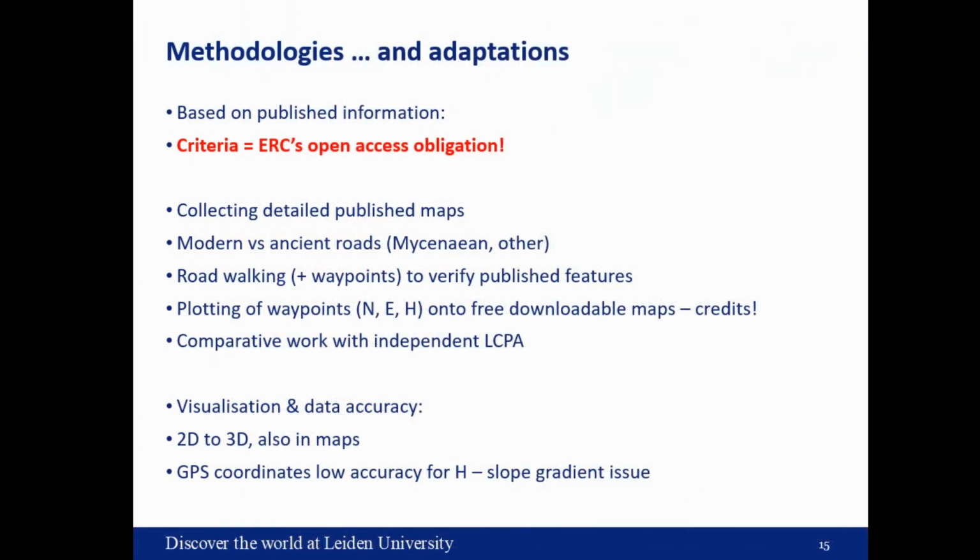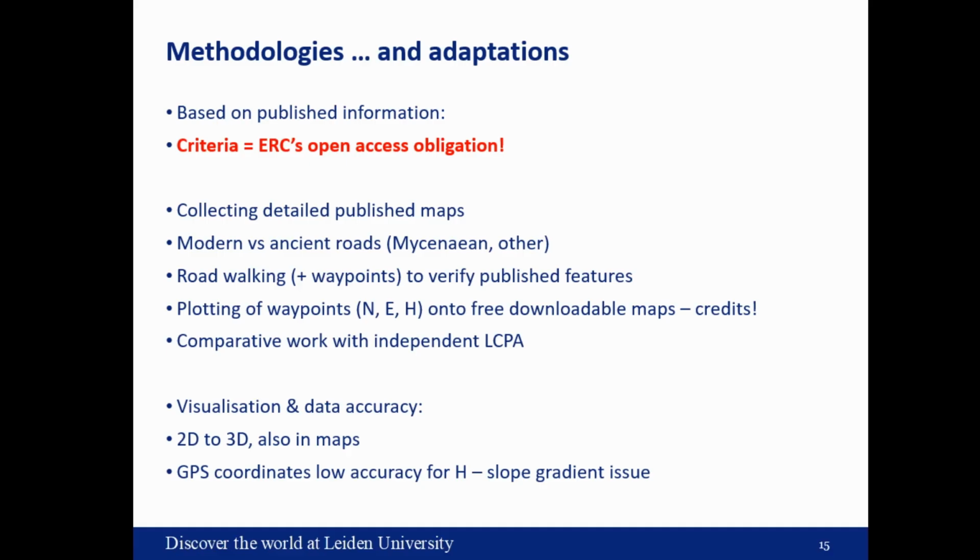So looking at that, we decided to collect detailed published maps. We decided to walk in the landscape based on these maps along the Mycenaean roads and see how that coincided with the modern roads. So we did both. During road walking, we recorded waypoints to verify the published features that we came across and to follow the trail as we walked along these roads.